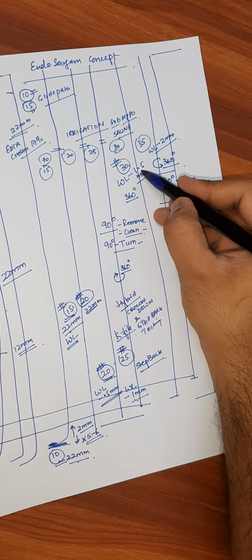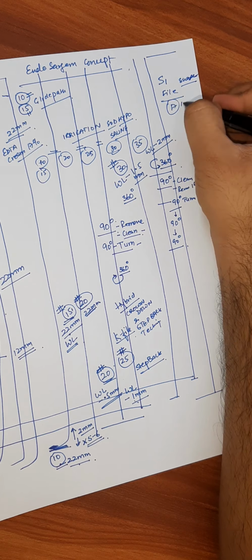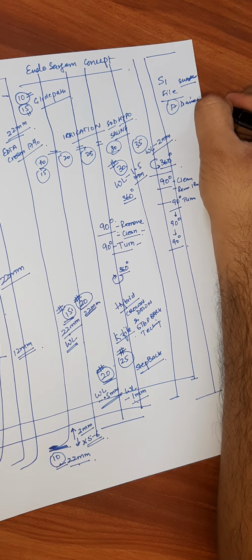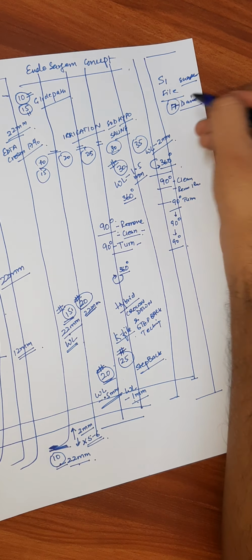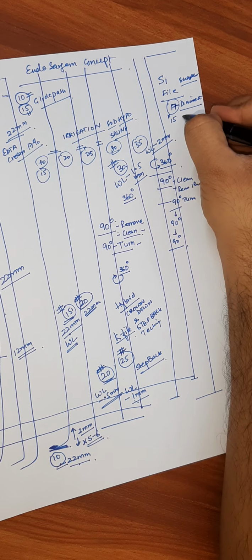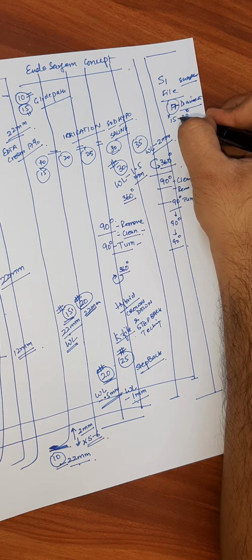Now you have to use the S1 file. S1 file is a small file, it is a shaper, and it is 17 in diameter, not 15, not 20, but something in between.